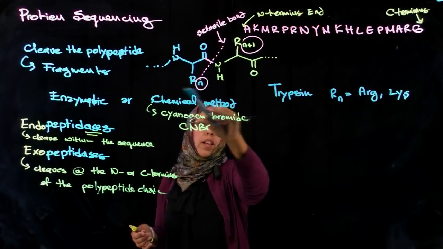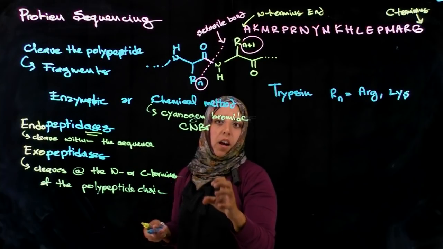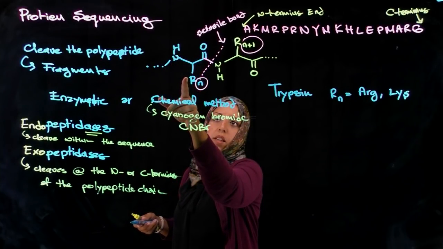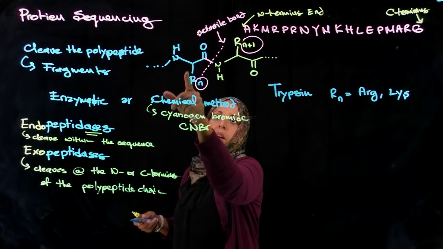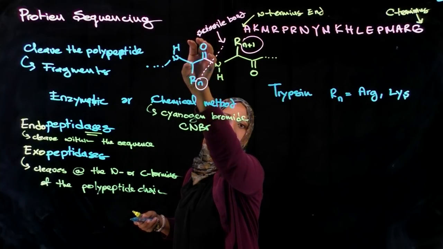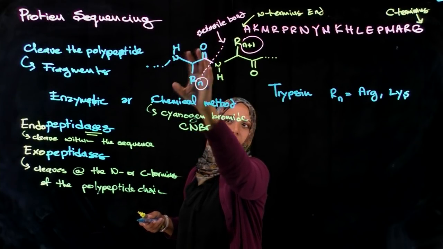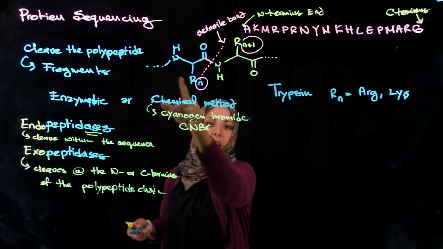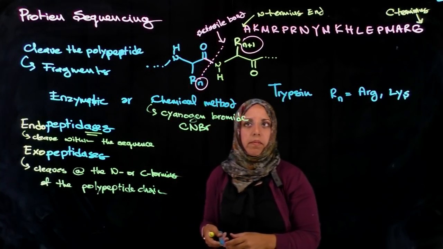We say that it cleaves at the C terminal end of the amino acid, because think about this: you have the amino group of arginine, then an alpha carbon, and then a carbonyl oxygen, and that's the C terminus of that sequence. So it cleaves at the C terminus end of that entire sequence.